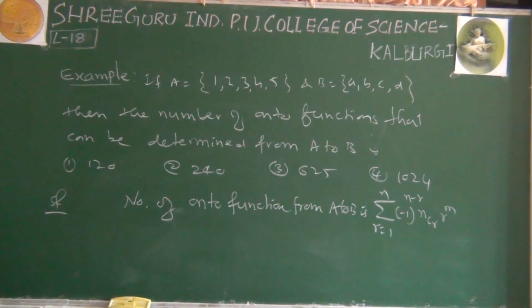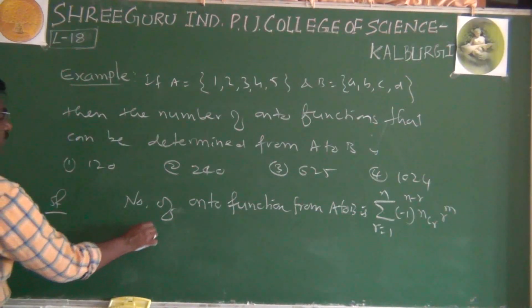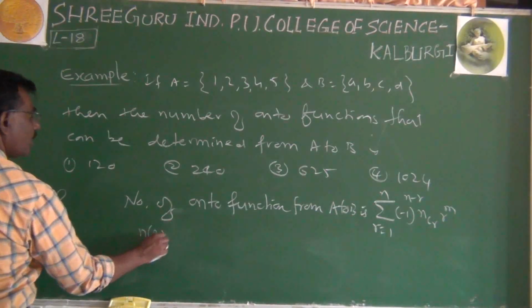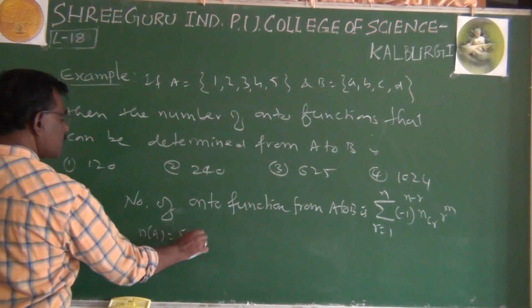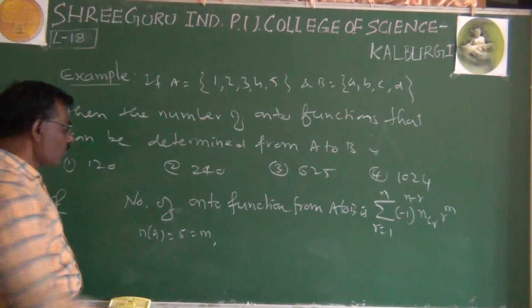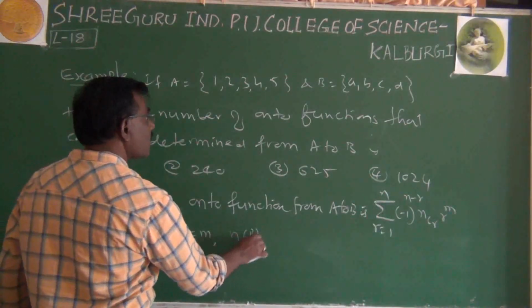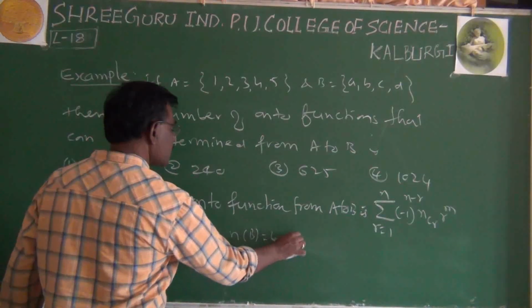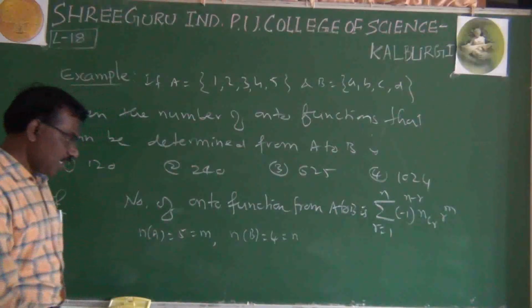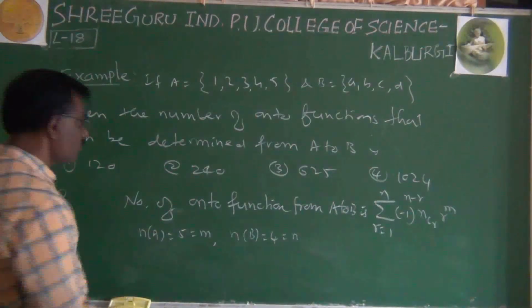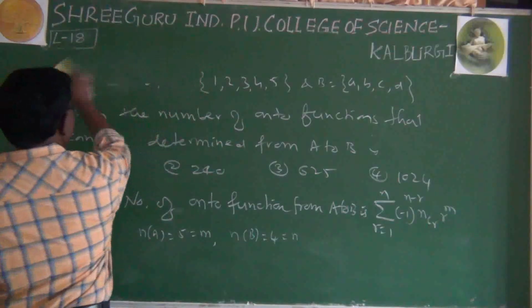So what is n of A? n of A is 5. I am calling this m. What is n of B? It is 4. I am calling this n. m is 5, n is 4. So what is the question?